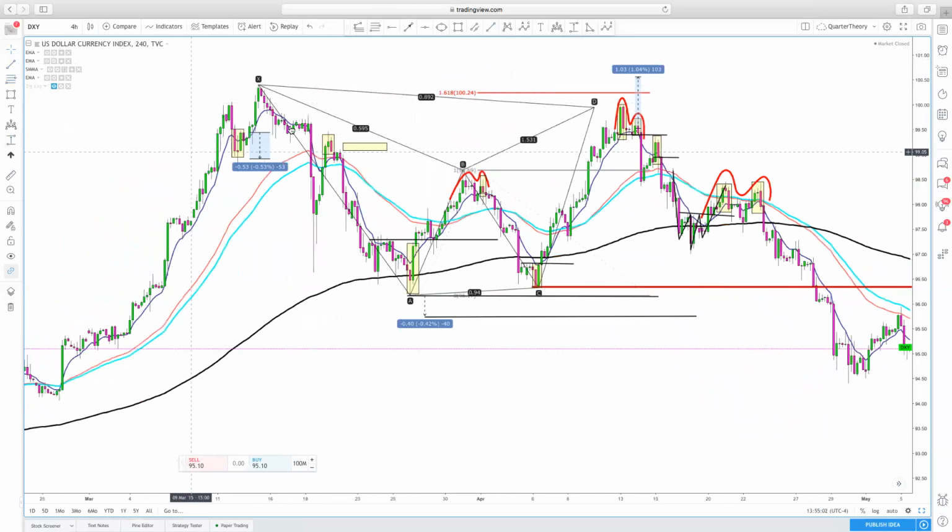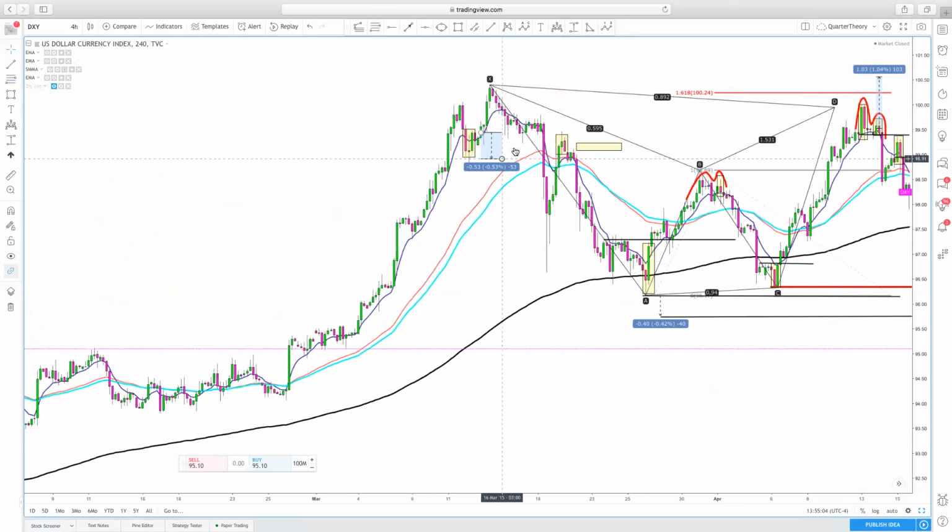I'm trying to get this nice and big here. Above that high right there, maybe even up here, you'll be safe to move your stop loss up. You don't have to have it so far down. Once you see that, you can move your stop loss up. But then, of course, you get these pips.